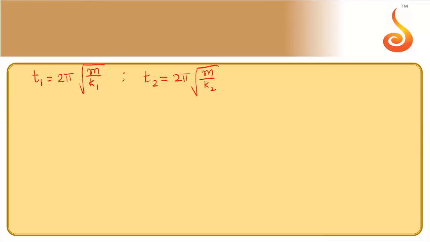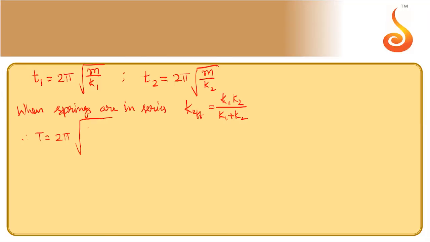So, when springs are in series, K effective equals K1 K2 divided by K1 plus K2. Therefore, T equals 2 pi root of m into K1 plus K2 divided by K1 K2.